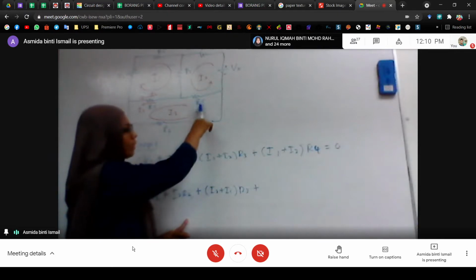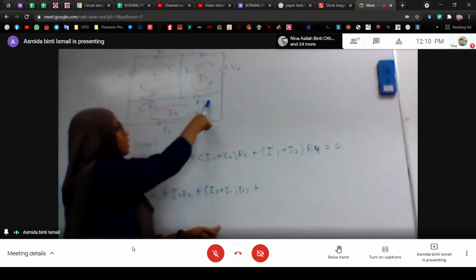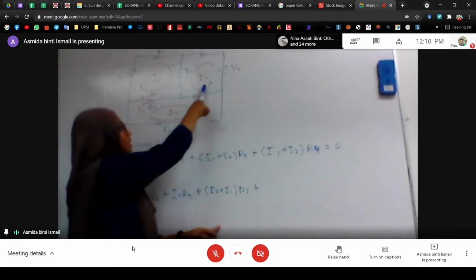And then this one, R5. You need to consider the R5 voltage here. Current flowing here is I3, current flowing here is I2.